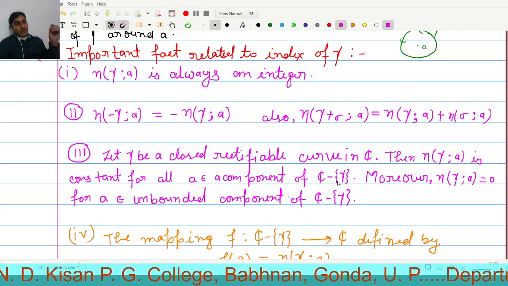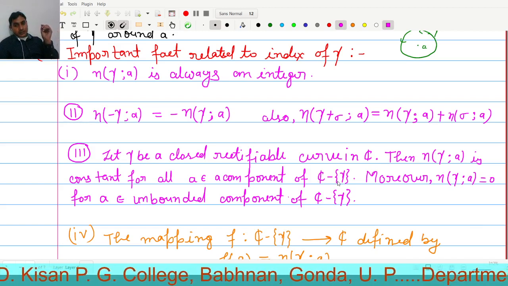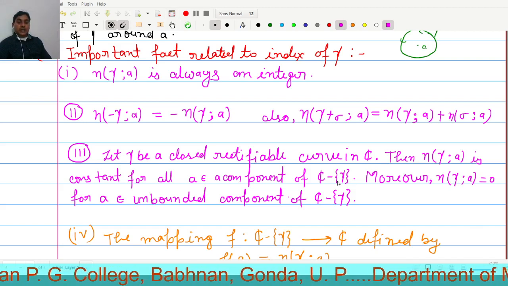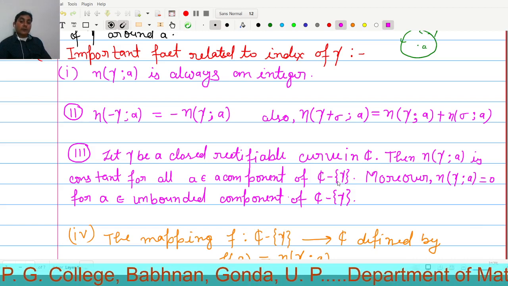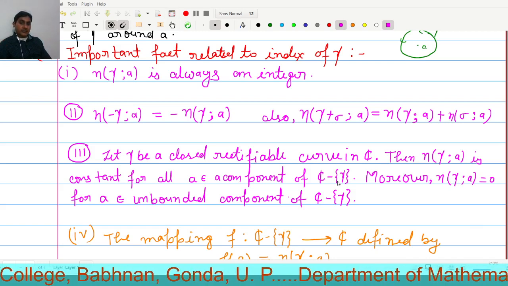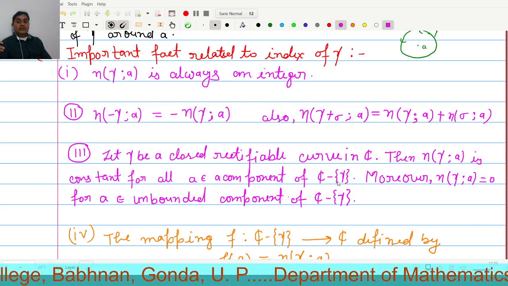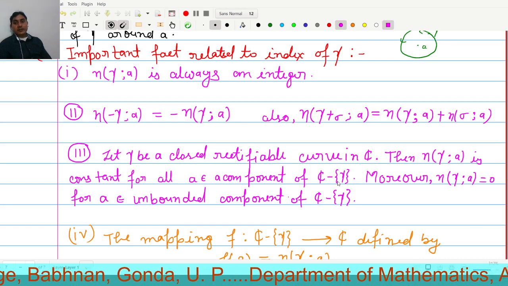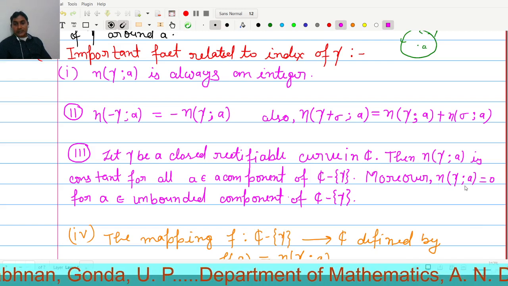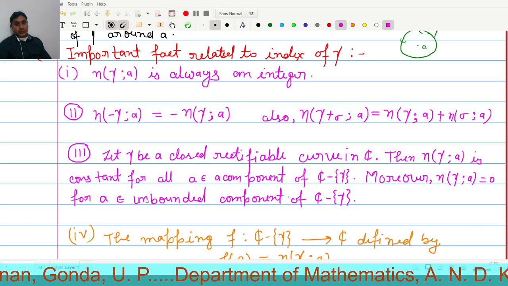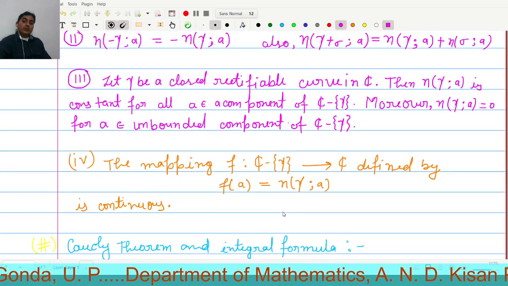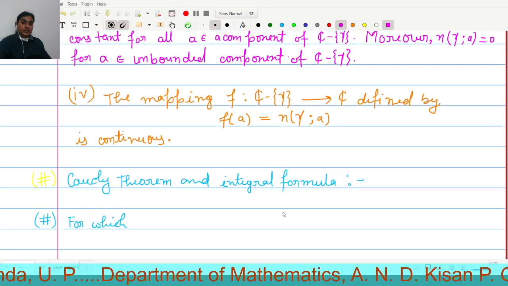If a belongs to a component, then the winding number of gamma with respect to that point is constant for all a in that component. If you change the point within that component, there will be no change in the winding number. Another crucial fact is that the winding number of gamma about a is 0 if a belongs to the unbounded component.